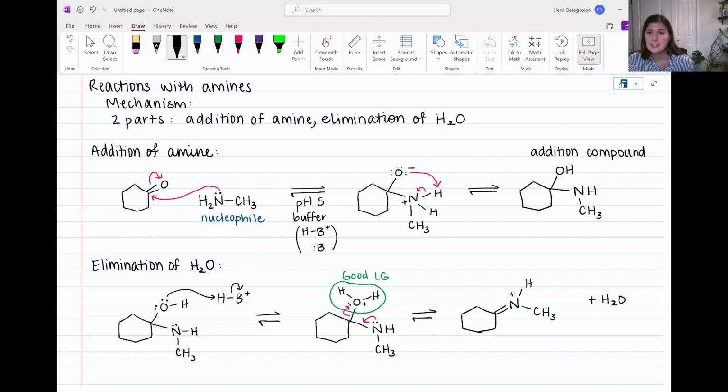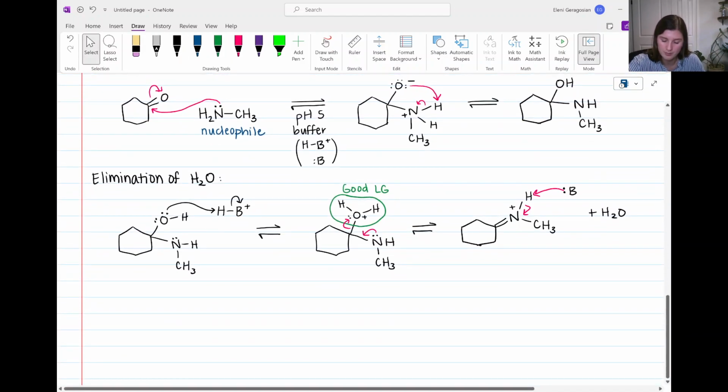And so now the base in our buffer solution will remove that hydrogen. I'll use my pink arrows. The base will remove the hydrogen and give the electrons in the bond to nitrogen, so we get our final imine product.